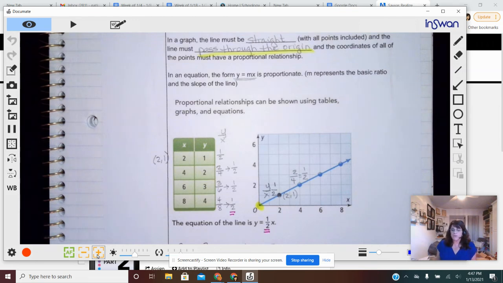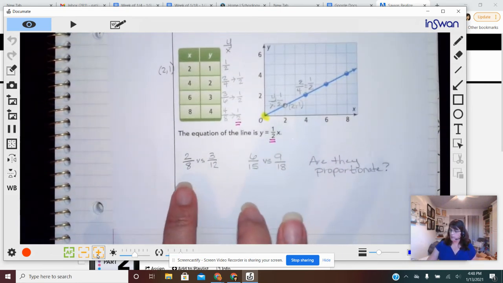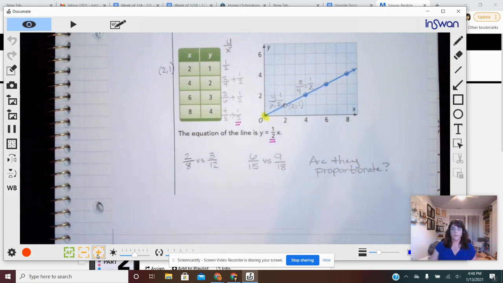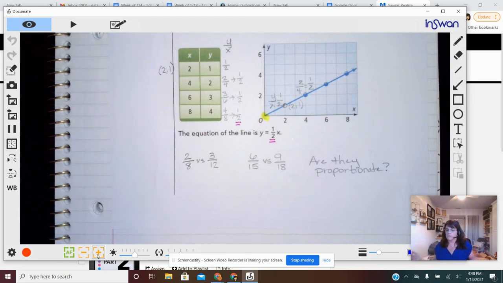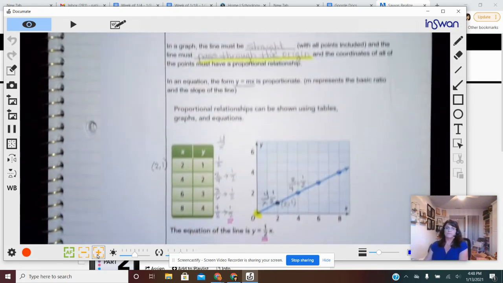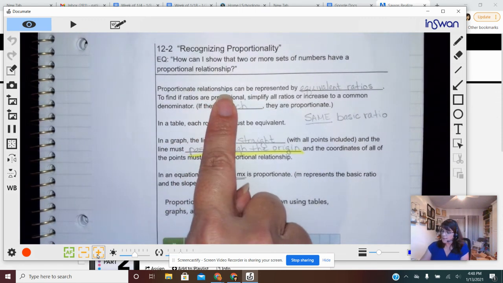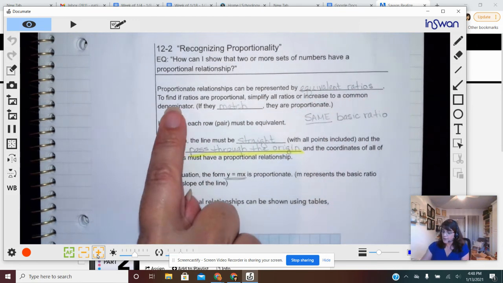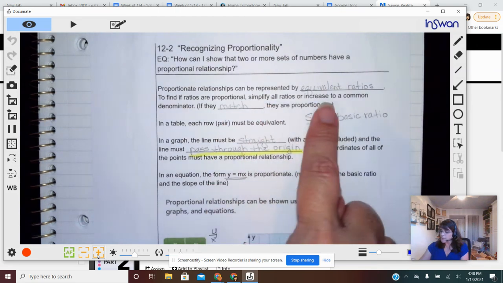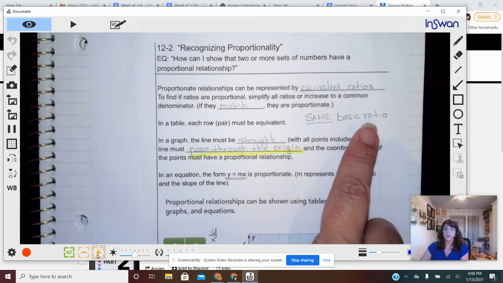Now, what if you're just given 2 ratios and asked if they're proportionate? Well, let's look. Are these 2 proportionate? How do we know? Let's take a look. Okay. Proportionate relationships can be represented by equivalent ratios. To find if they're proportional, simplify to the same basic ratio.